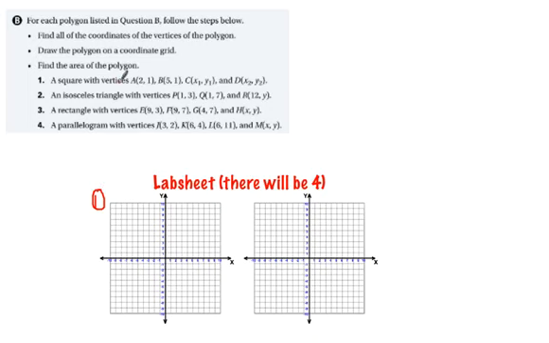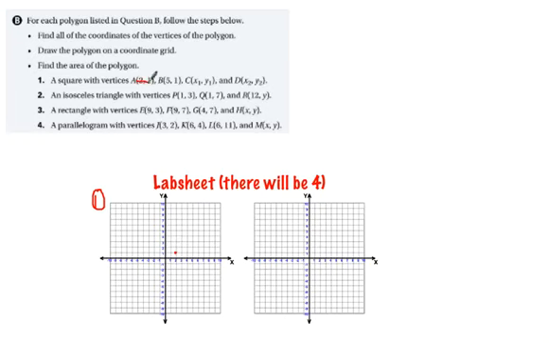If this were going to be number 1, it says you're doing a square with vertices, and they give you the vertices for A, B, C, and D. So we don't know what the vertices are for C and D. But keep in mind, there are a few things that we know about a square, such as all the sides are equal lengths. So I'd start out going 2, 1. I'm going to start at 0 here, go over to 2, up to 1, plot my point.